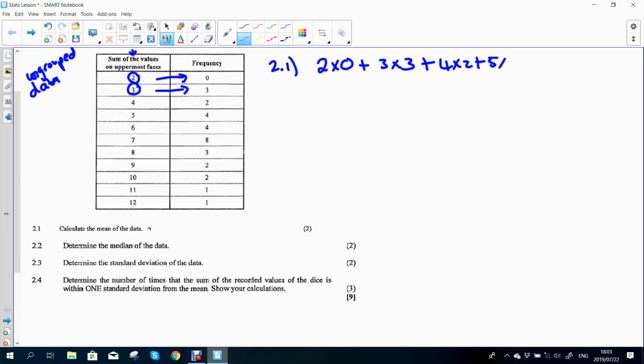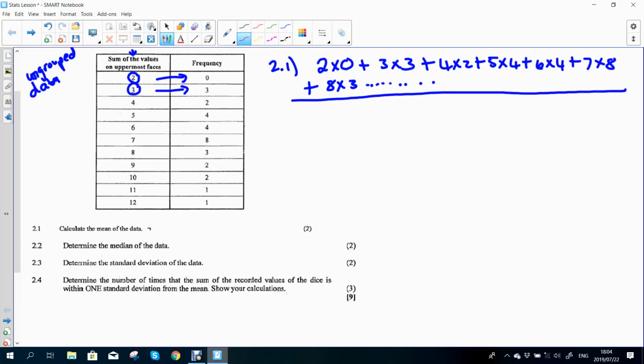You can see that this is quite a long process, very tedious, and lots and lots more. Then you divide all of that by the total of your frequency.